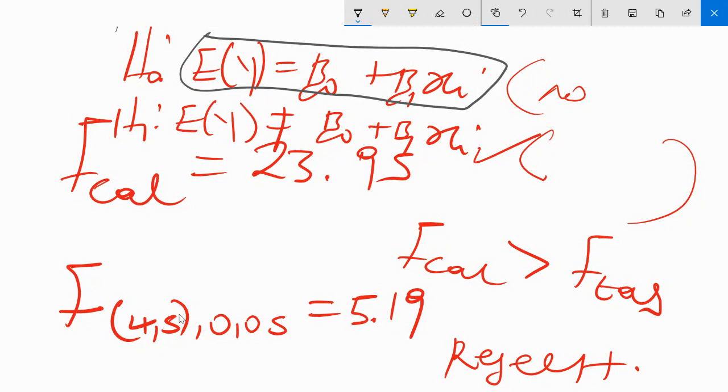There's no lack of fit. In the second one, we are saying expected value of y is not equal to this, which means the model does not fit the data well at 5% level of significance. So you can also write it like that: the data does not adequately fit the model at 5% level of significance.